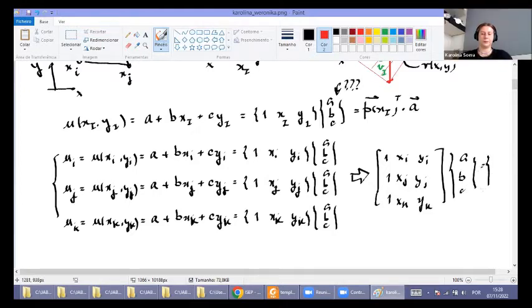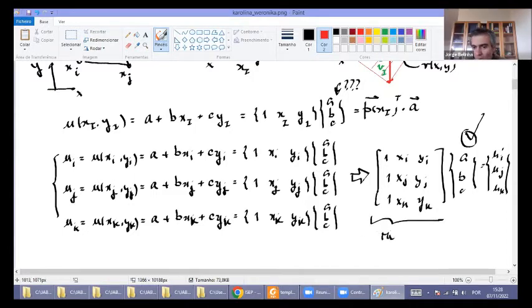It will give you the same. It will give you the ui, uj, uk. Okay, we call this one the moment matrix.